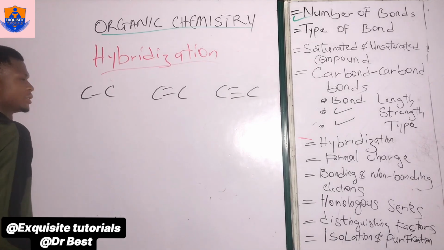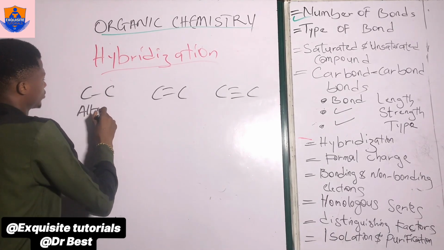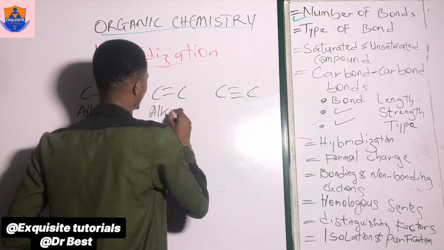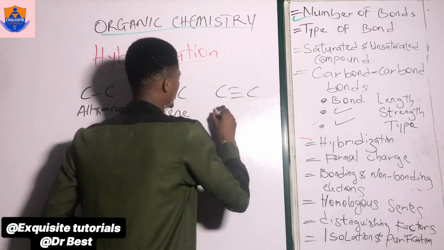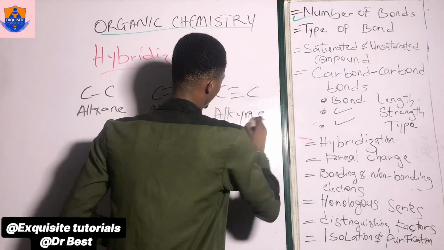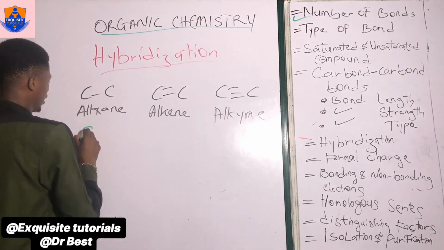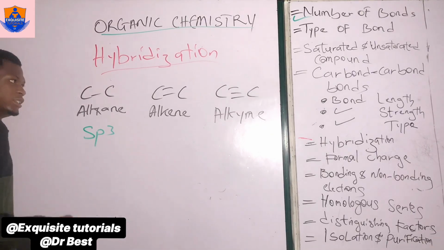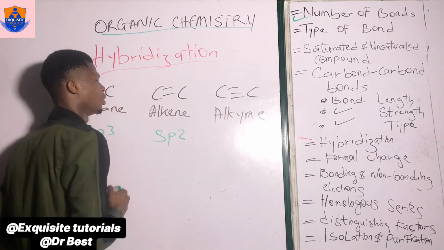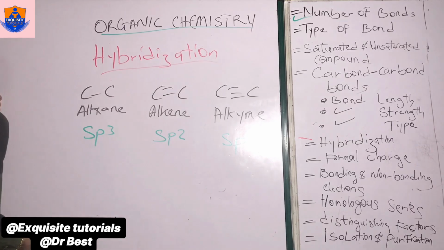This represents alkanes, this represents alkene, and this represents alkyne. Now we'll say that all alkanes are sp3 hybridized, all alkenes are sp2 hybridized, all alkynes are sp hybridized.